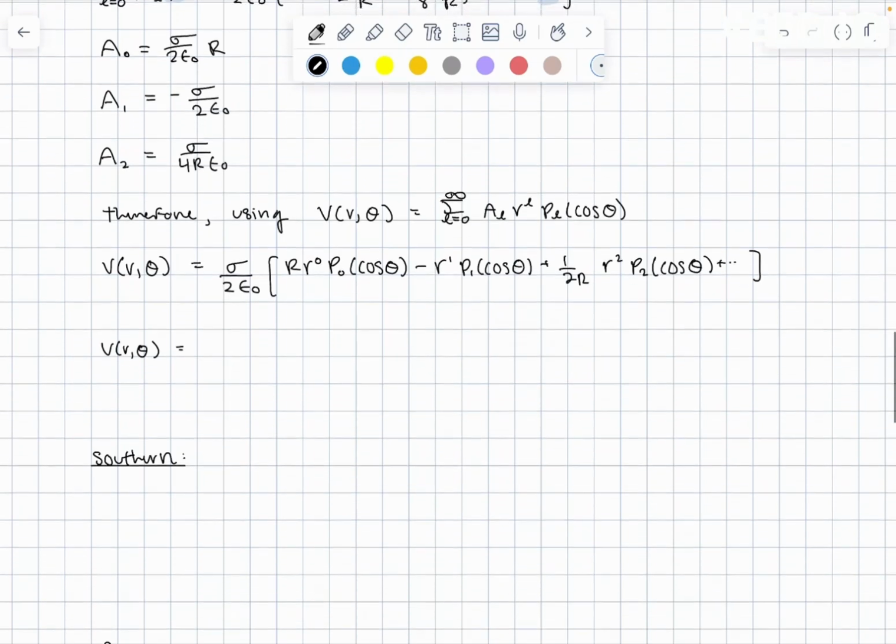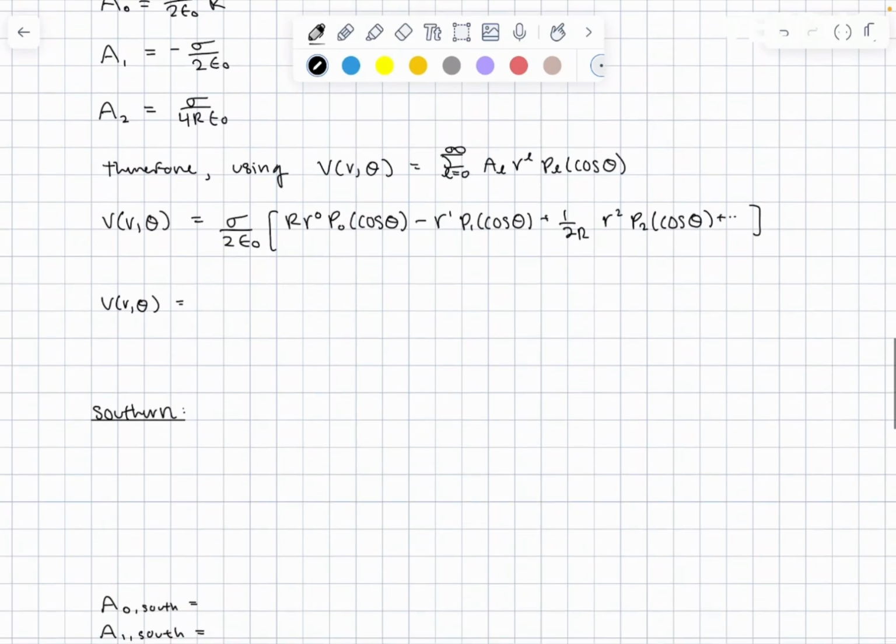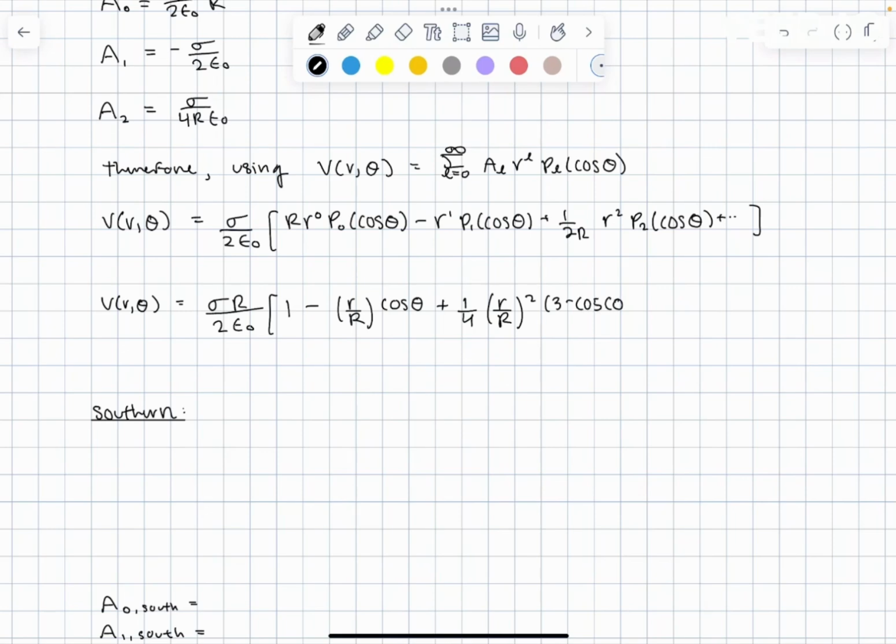And so now that can be written as, well, we'll factor out big R. So sigma times big R over 2 epsilon naught times 1, because R to the 0 is 1, P0 of cos theta is 1, so then minus R over R, because big R was factored out, times cos theta, because that's what our first term is, and then plus 1/4 times R over big R squared, and plugging in that Legendre polynomial, 3 times cos of theta minus 1.